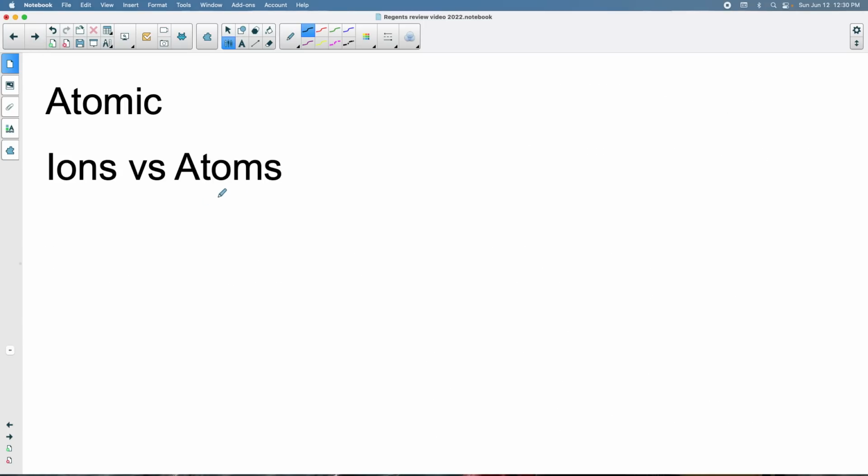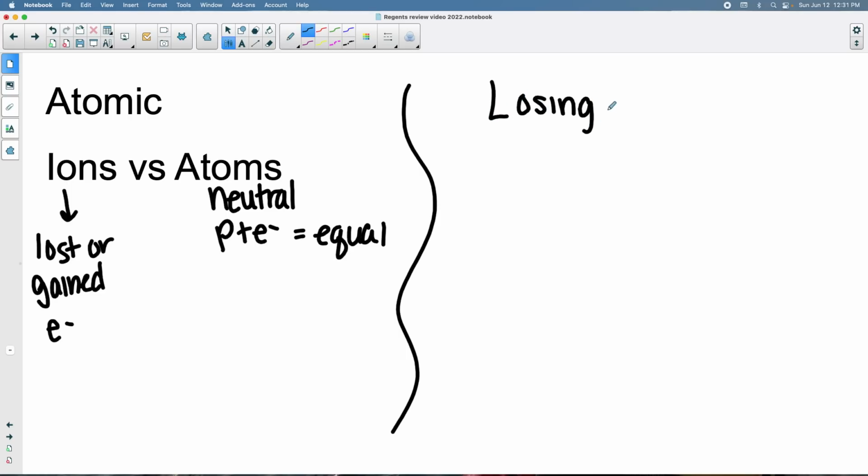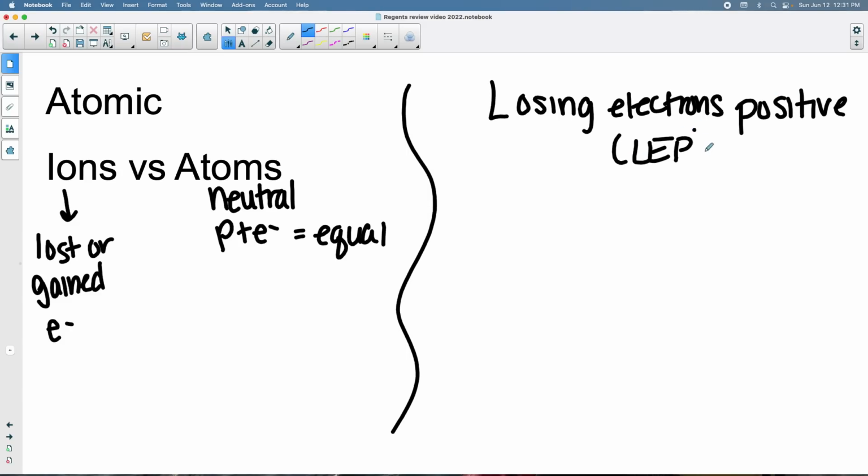Ions versus atoms. Remember, the word atom means neutral, which means that the protons and electrons are equal. Ions will have either lost or gained electrons. Remember that losing electrons makes for positive ions, and gaining electrons makes for negative ions.